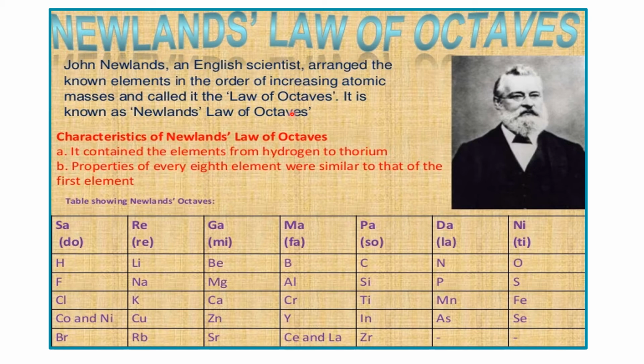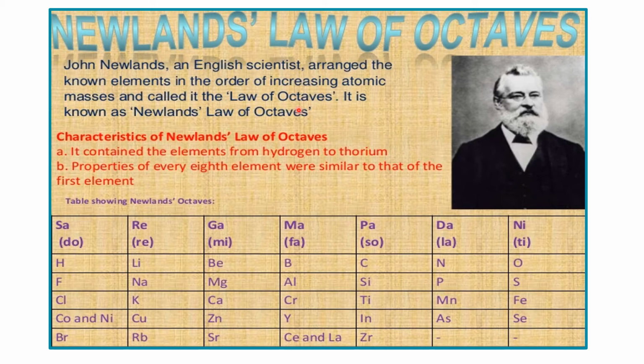Let's see. Law of octaves means oct denotes the number 8. So here he took 8 elements as one group, and these 8 elements follow the law of octaves, that is the musical note of octave. The musical note of octave means when you consider a note in music, it has sa, re, ga, ma, pa, da, ni, sa.